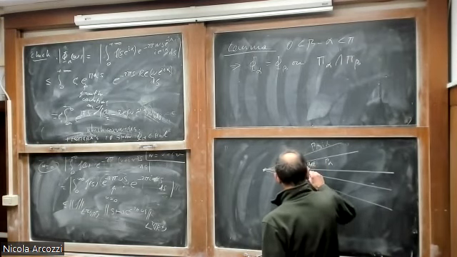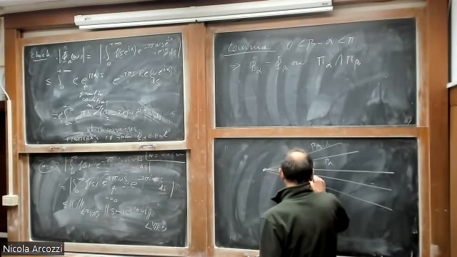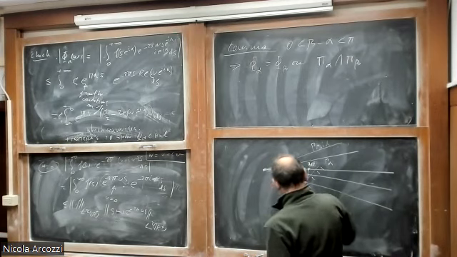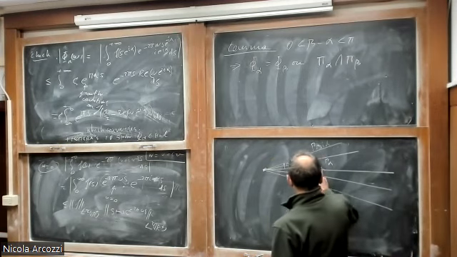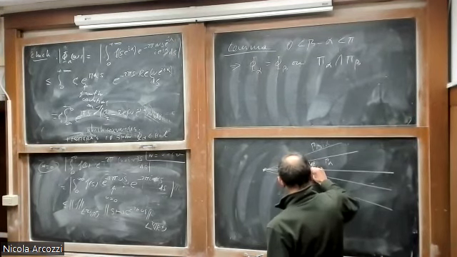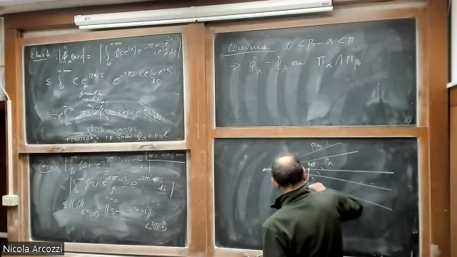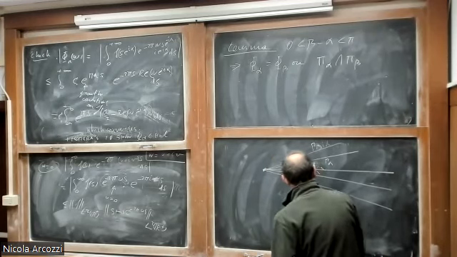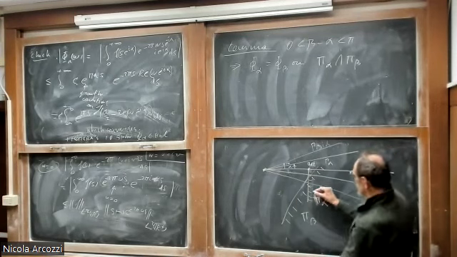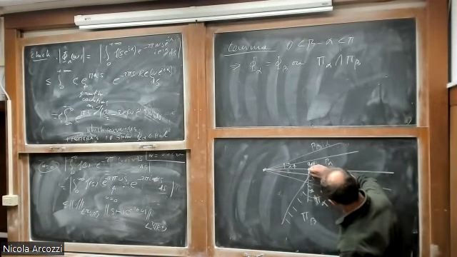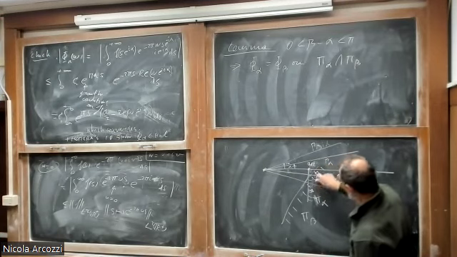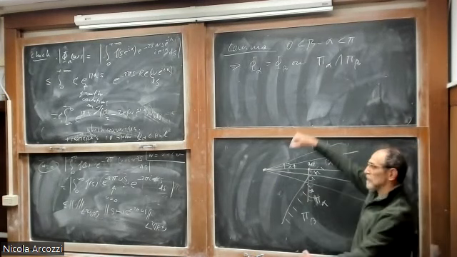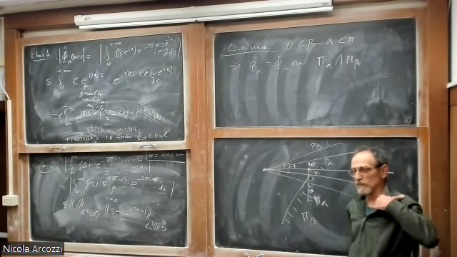We consider pi beta, which is this one, and here we have pi alpha. So in this intersection, in this angle here, the function is the same. And this allows us to move things to the end.